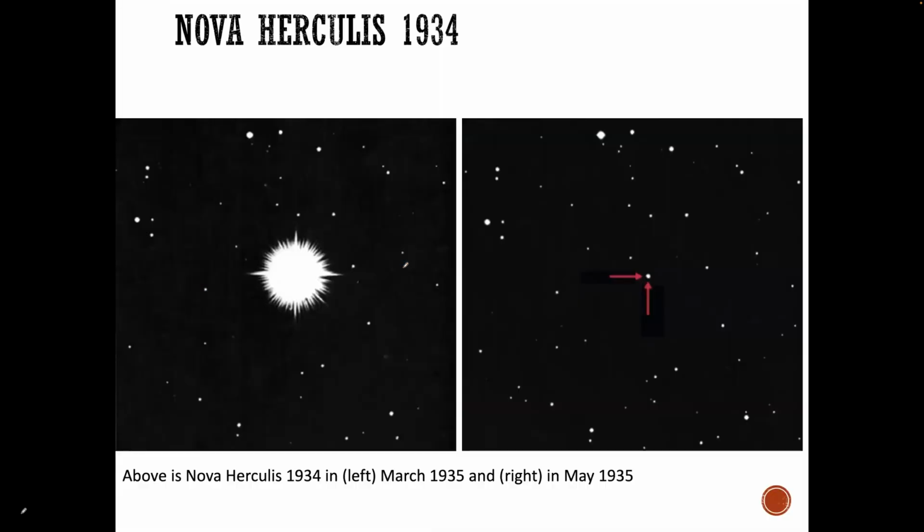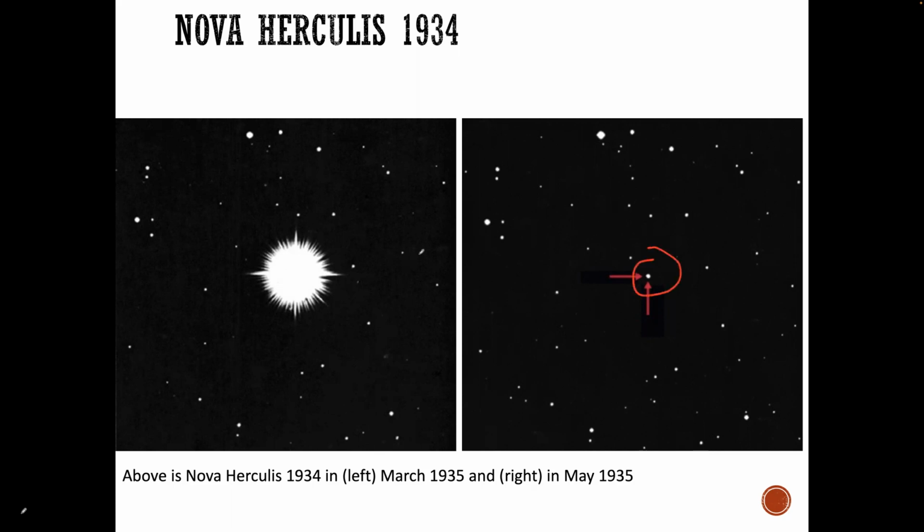Right. So here is such a nova that you see. This is called Nova Hercules, which was observable in 1934. On the left-hand side is when the brightness of the star increased in 1934. Then in 1935, on the right-hand side, when you look at the same star after a year, you can see that the star has become a normal star again.